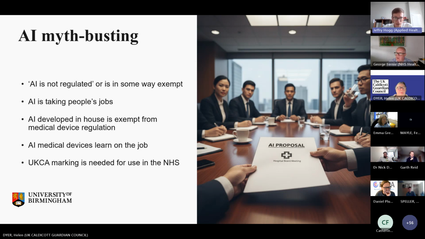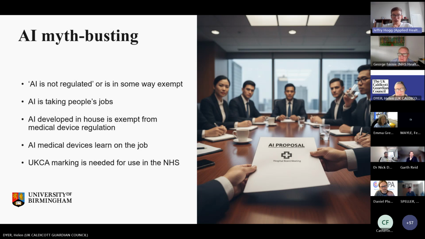Something you come across sometimes is the in-house exemption for medical device regulation, which is actually designed around labs and in vitro tests for histopathology and other things. It goes along the lines of, if you're using a test that you made yourself, then you don't need to go through the same rigor or the same degree of quality assurance or external approval.